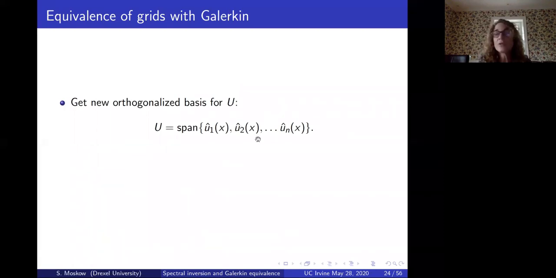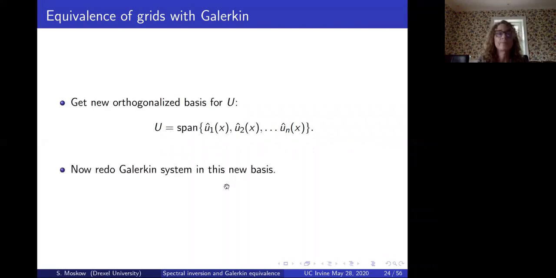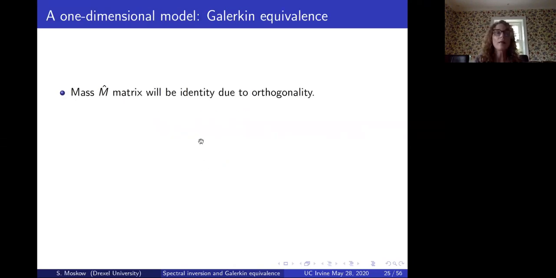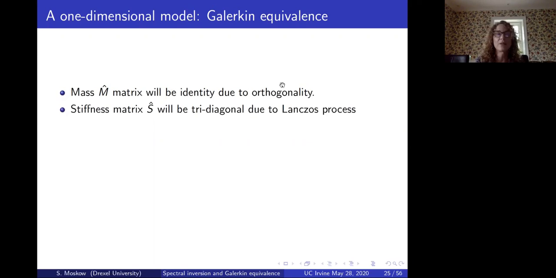This new basis, they are no longer solutions themselves, but linear combinations of solutions. And they're now orthogonal in L2. But they have another property which is important, because if we now redo the Galerkin system in the new basis, the new mass matrix M will be the identity, because these are now orthogonal in the L2 inner product. The stiffness matrix will be tridiagonal because this is a Lanczos process. That's just a property of Lanczos orthogonalization.